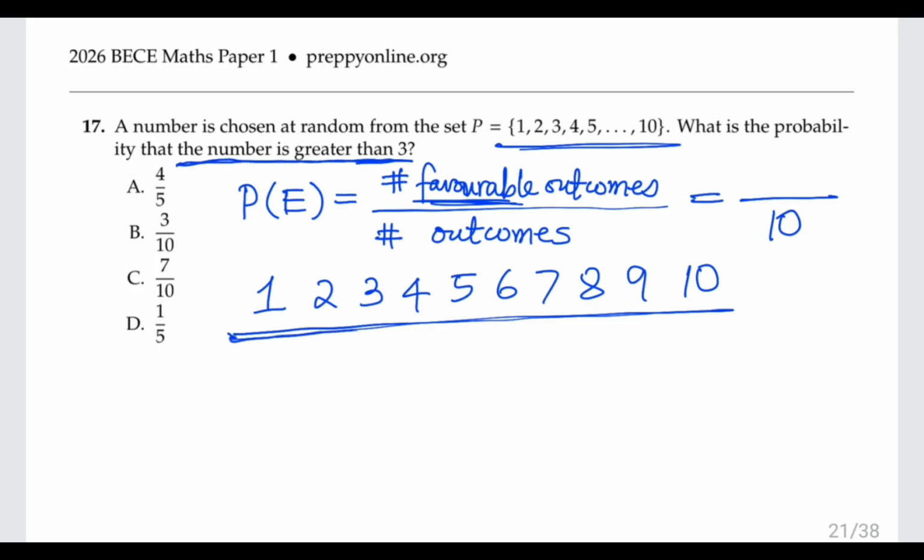So out of all these 10 possible outcomes, how many are greater than 3? 1, 2, and 3 are not greater than 3, but 4 all the way to 10 are greater than 3. So how many favorable outcomes do we have? We have 1, 2, 3, 4, 5, 6, 7. So that gives us the probability that we're looking for.